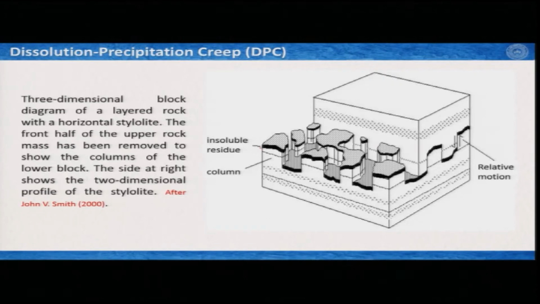You see these are the columns of the stylolite, and in this area you have this insoluble residue, they stay like that, and of course, if you see it from the side, then these are the places where you have some relative displacements of the initial dissolution seam. So, this is how the stylolites form through the process of dissolution precipitation creep.